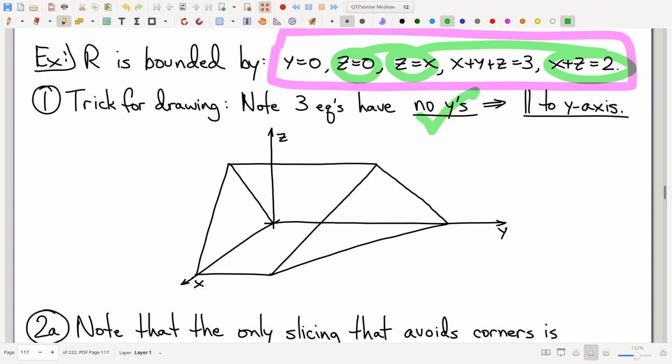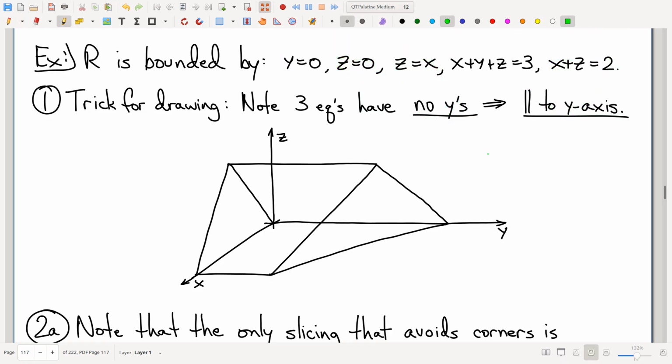If there's no y's in the equation, then the resulting planes are parallel to the y-axis. And so this is a tremendously convenient little foot in the door. What it means is, since I know these planes are parallel to the y-axis, I can understand any one of them. Let's take, for example, z equals x right here.